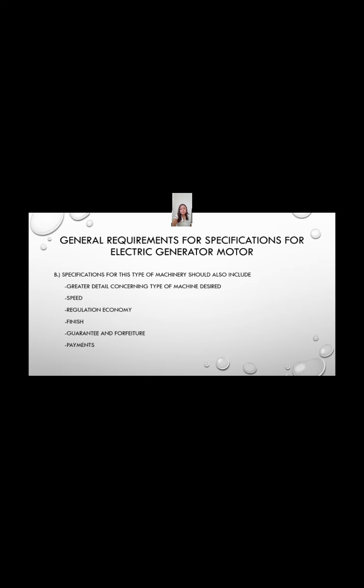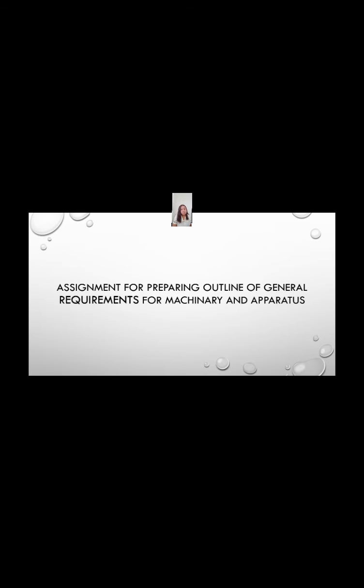In short, the three specifications that I read and discussed are more or less alike, because this type of specification should be general and brief. They just explain how a machinery works, its purpose, and how to operate it.